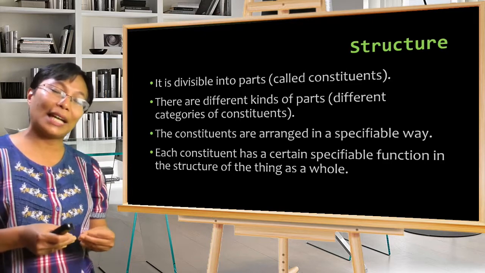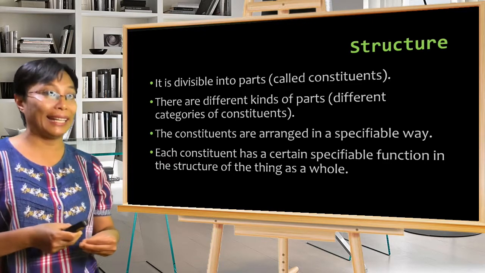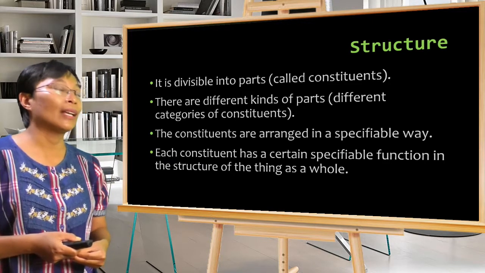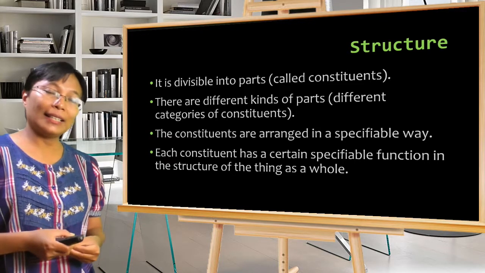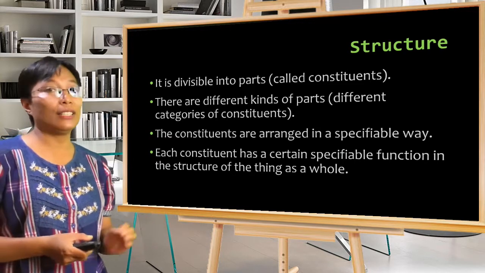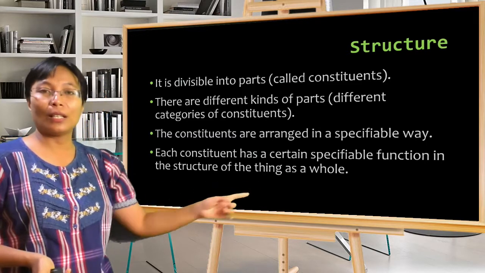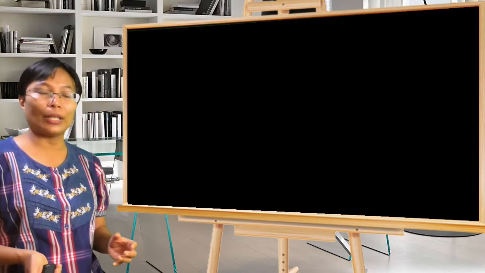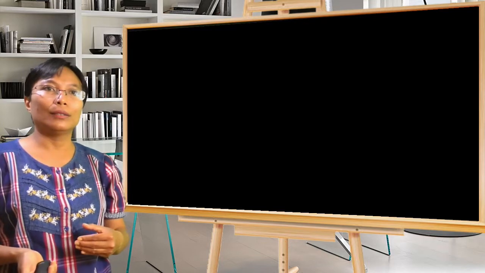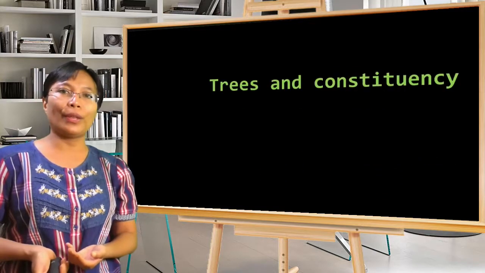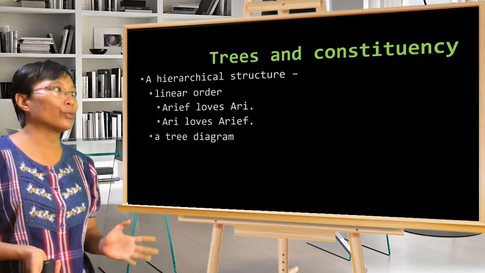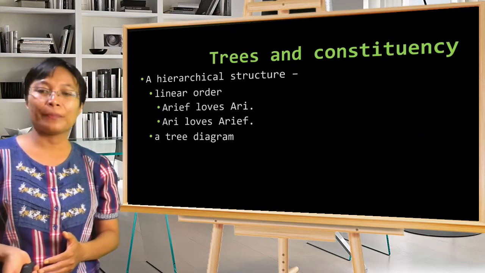And the constituents can be labeled based on the name of the phrase. And don't forget, every constituent in the structure has a particular function. So we will see it when we try to draw or describe the structure. But before we go there, we will see trees and constituents first.